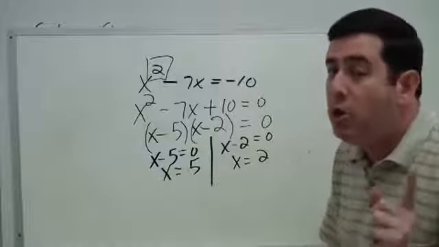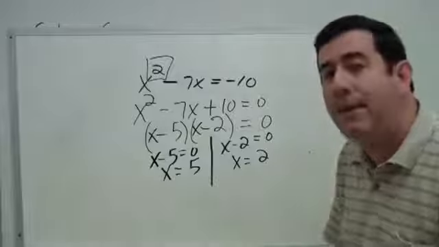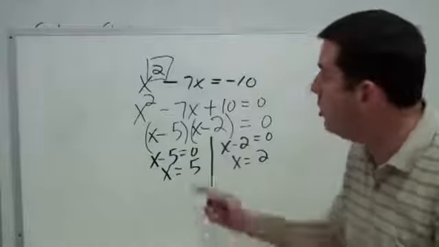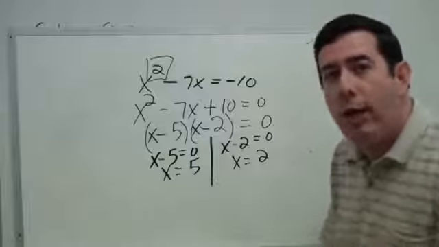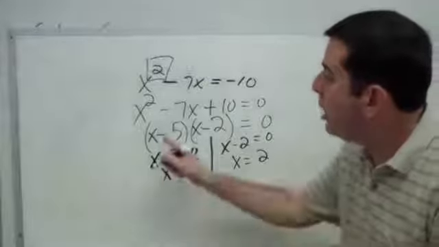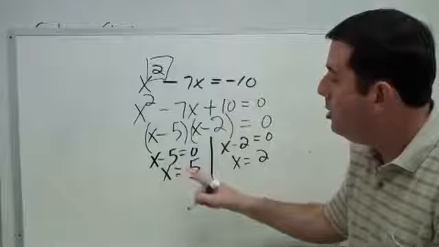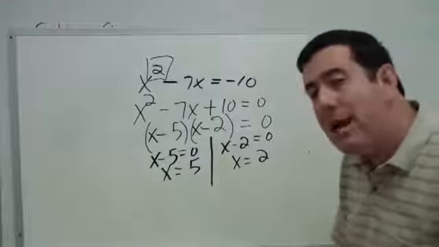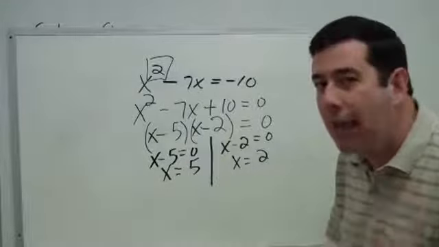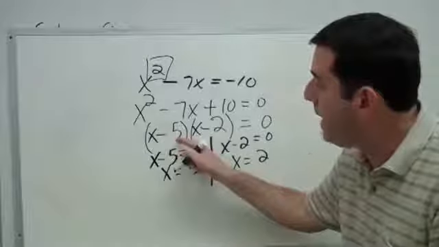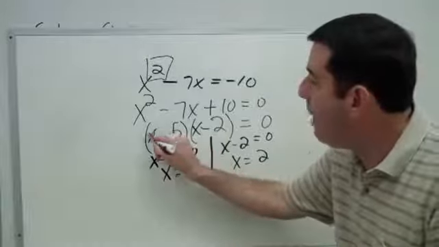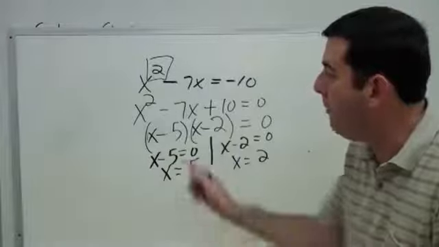We had a degree of 2, so the maximum number of solutions we could get matches that degree. Now, you may pretty quickly decide that there's no need for you to set the factors equal to 0. You may very quickly decide that you can jump straight from the factor to the solution by noticing that the solution every time will be the opposite of the constant value divided by whatever coefficient that we have.